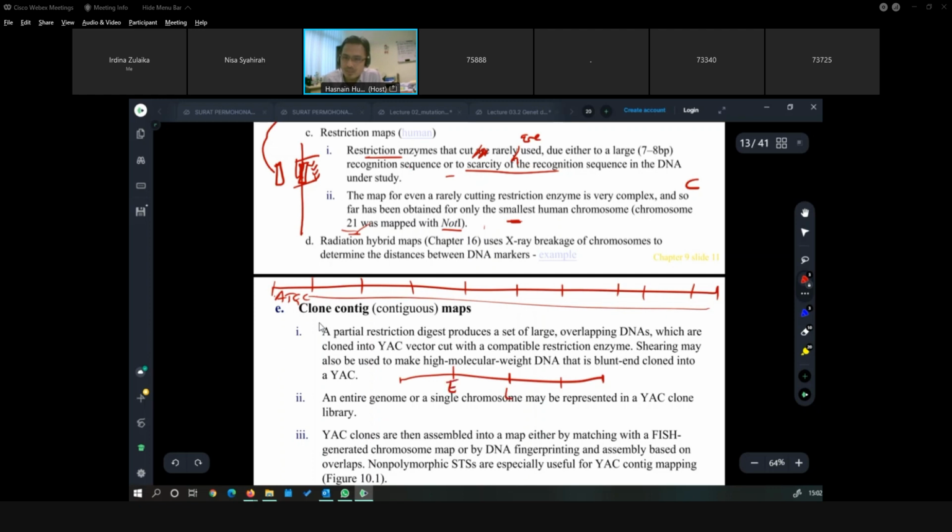Okay, this one is EcoRI. What happens if I have 1 microgram of this fragment of DNA? 1 microgram means that it is not only one DNA strand, isn't it? It will be thousands of DNA strands, but all of them are the same. So thousands of copies, all of them like this.